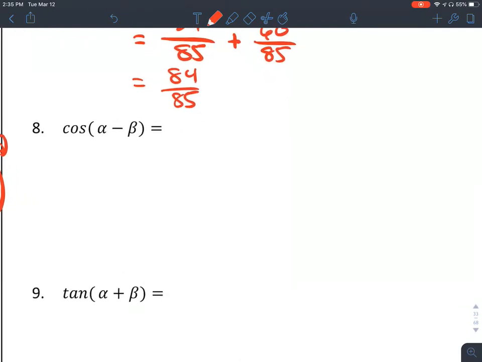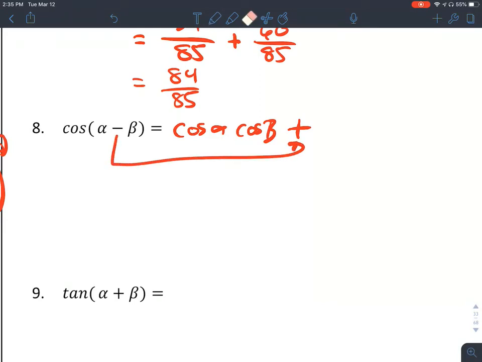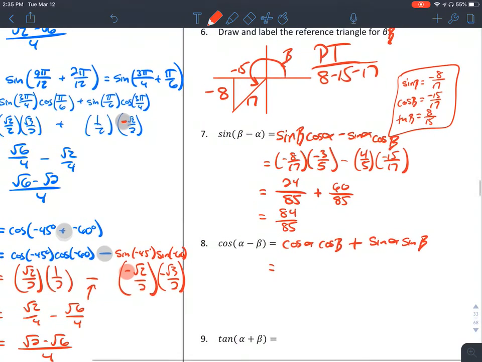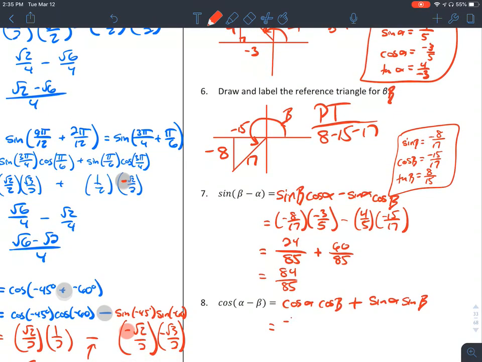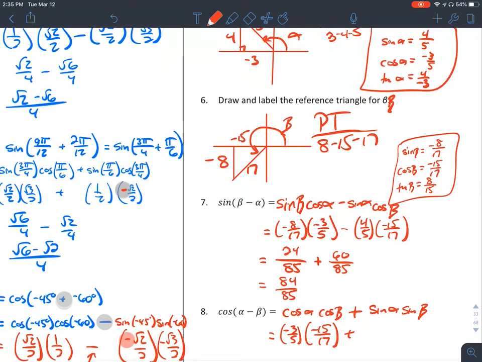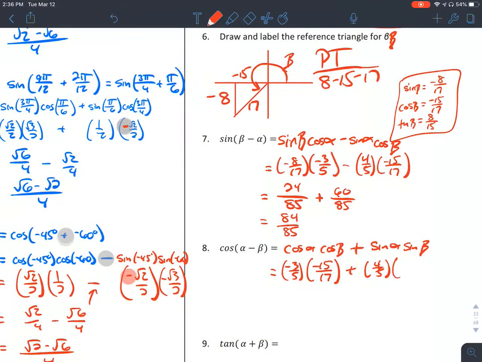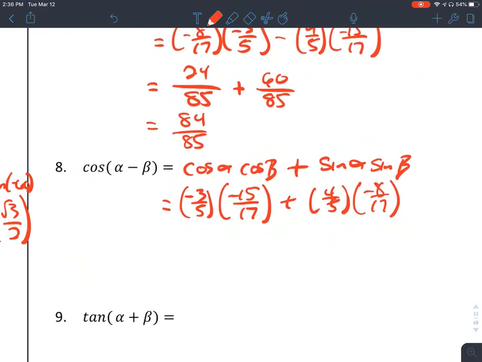Number 8, cosine of alpha minus beta. This is a different identity for cosine, which is cosine of the first angle times cosine of the second angle plus, the signs are different for cosine, sine of the first angle times sine of the second angle. According to information above, cosine of alpha is -3/5, cosine of beta is -15/17, plus sine of alpha is 4/5, and sine of beta is -8/17.